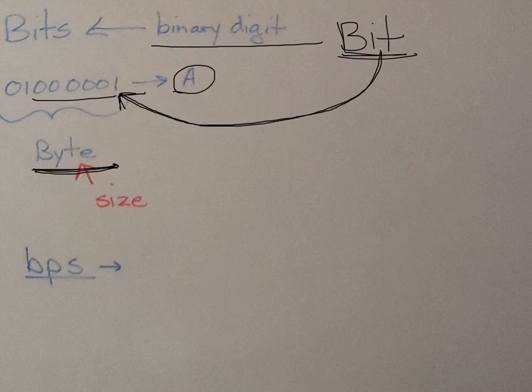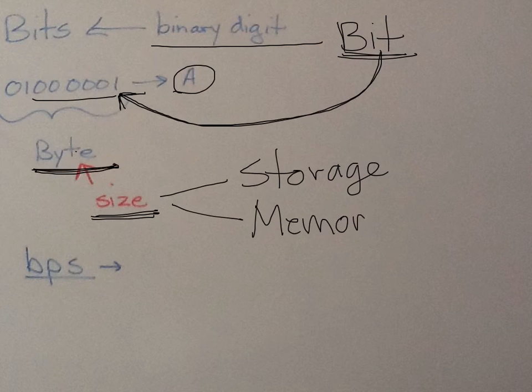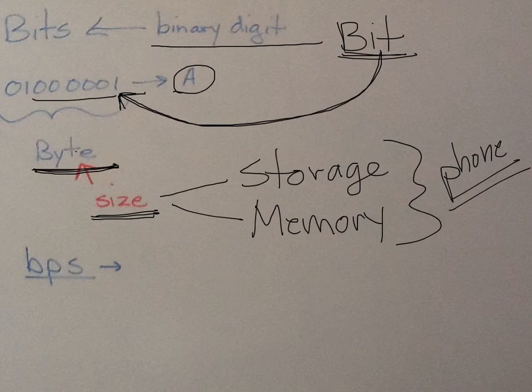We refer to that as a byte, and a byte we usually use to indicate size, like how much storage or memory a device has. Those two would be combined in something like a smartphone, so when you buy it, it'll tell you it has so much storage and memory combined.